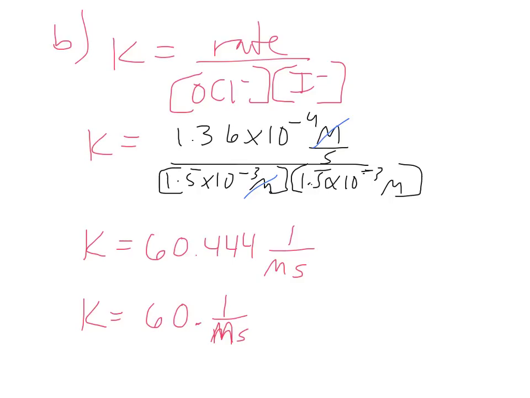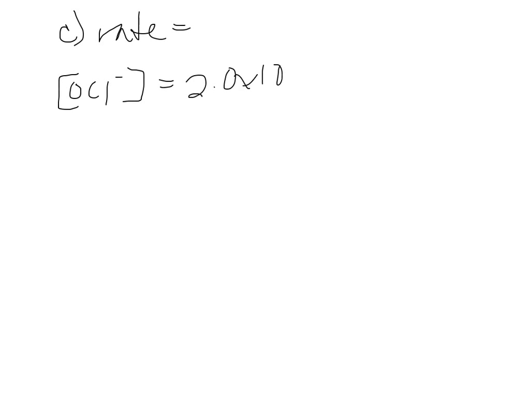Now C asks, calculate the rate when the concentration of your hypochlorite ion is equal to 2 times 10 to the negative third molar, and your I minus ion is equal to 5.0 times 10 to the negative fourth molar.